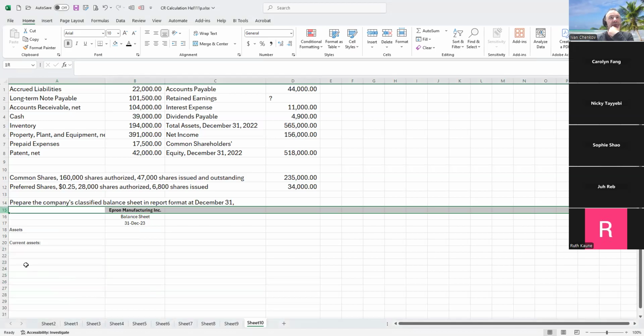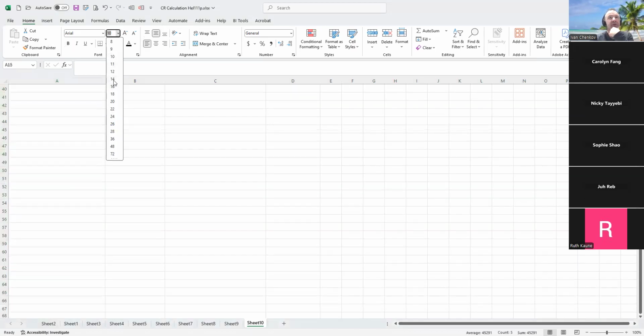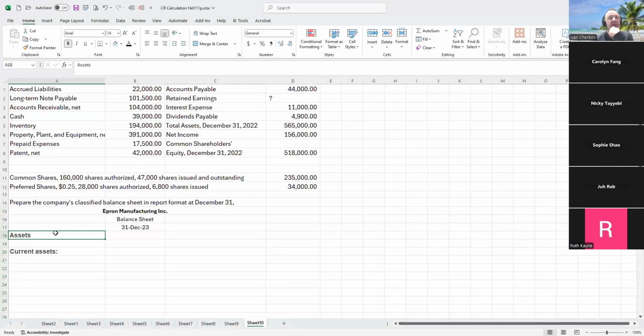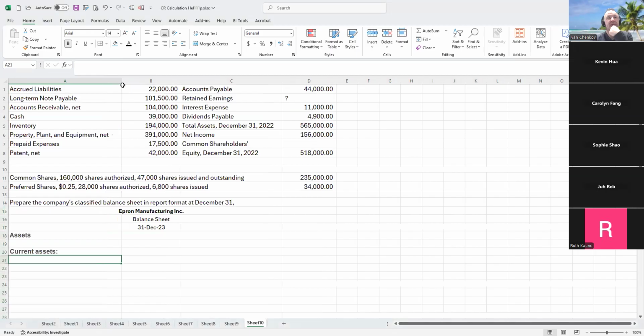Start with cash. So what's the general rule here? We're listing the assets based on liquidity. How fast we can spend them. Which one is the one that you can spend right away? Cash. So let's start with that cash.